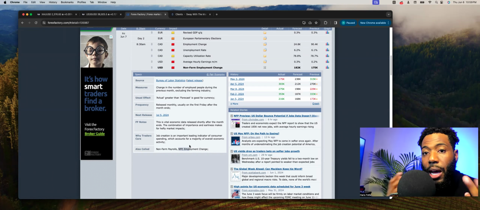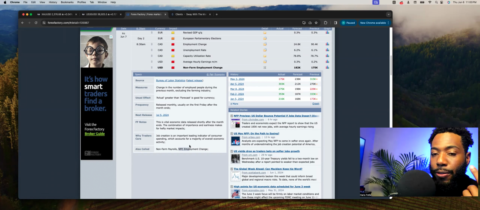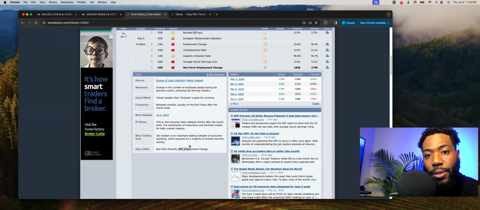And it's the opposite. If things come out looking really good, you might see gold sell off, or GBP USD. If news comes out positive, you'll see GU probably sell off, and so does gold, or sometimes even US30.